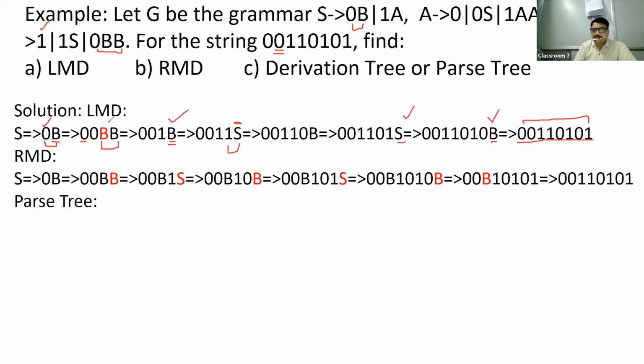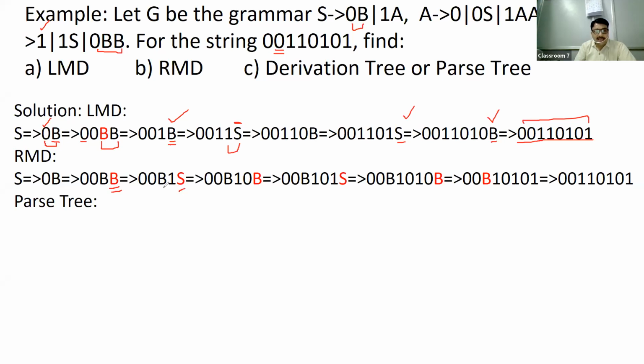In the same way, we can also find the rightmost derivation. So how can we find the rightmost derivation? See the same example. In this case, the situation is this one. There are two B. So in place of this B, we have to expand now the rightmost B, this one. Clear? So you can find here this.